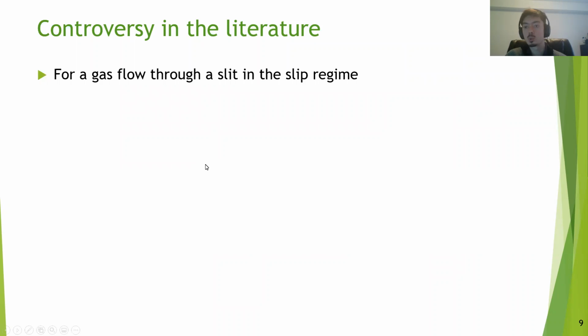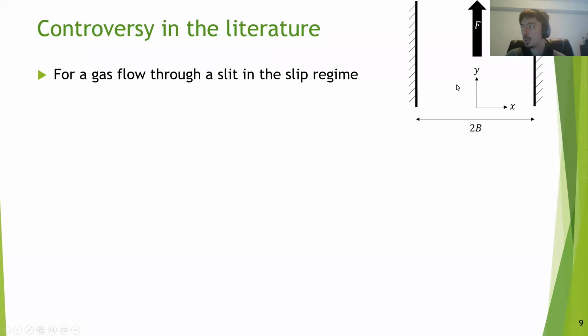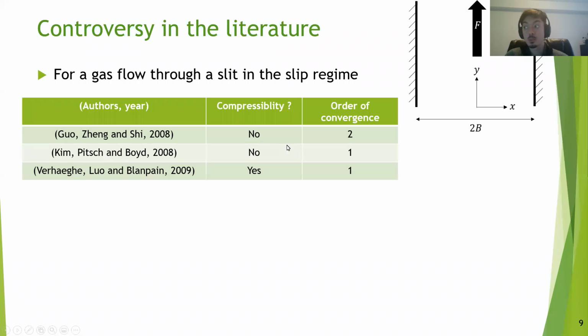So for a gas flow through a slit in the slip regime that I present here, there has been some controversy in the literature. For example, Guo, Zheng, and Shi, for an incompressible scheme, say that the order of convergence is 2. However, Kim, Pitch, and Boyd in 2008 for an incompressible flow said that the order of convergence should be 1.